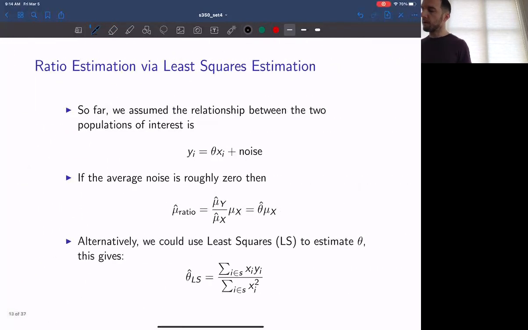Okay, so we're going to talk about ratio estimation for a proportion as well. And then we're going to start to talk about regression estimation. Now, the process of talking about regression estimation will be very similar to what we did in the ratio estimation case. So we'll introduce the idea, the motivation for regression estimation, which is very similar to that of ratio estimation, with the only difference being that we don't require the relationship to go through the origin.